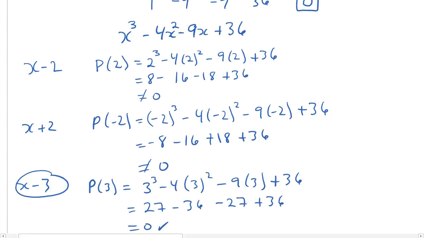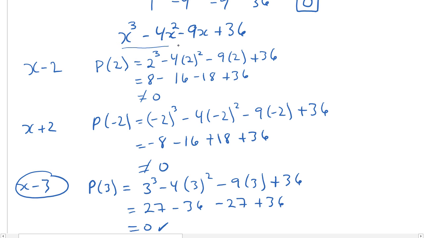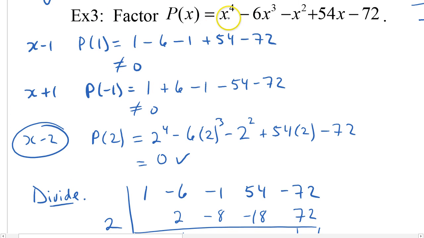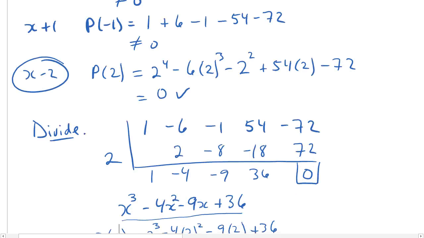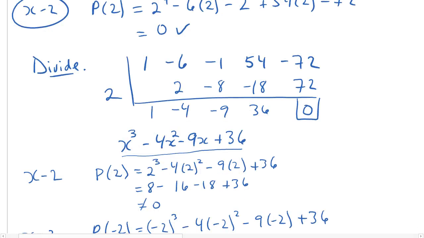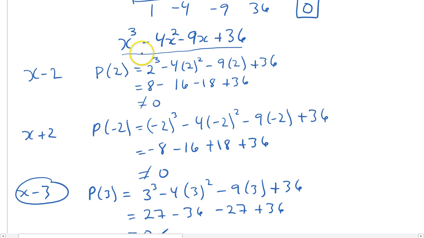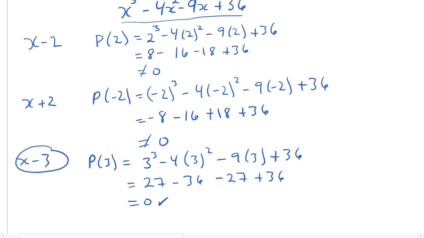Okay, so I've carried on now, and notice I'm using my smaller polynomial. I'm not using my original one anymore. Here's the original one, x to the 4th and all that, because so far I've divided out an x minus 2. So after I divided out, this is my quotient, x cubed and so on. And so for all the rest of my checks, that's the one I'm looking at. And I found out it does work for x minus 3, because when I plug a 3 in, I get a 0.